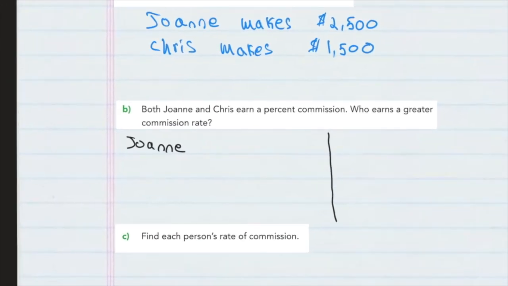So that means my slope is going to be 2,750 minus 2,500, and that's all over 5,000 minus 0.